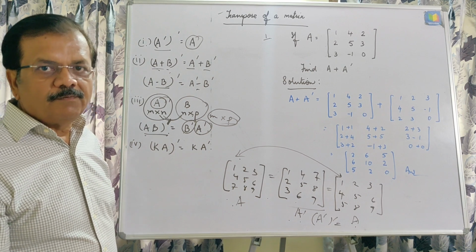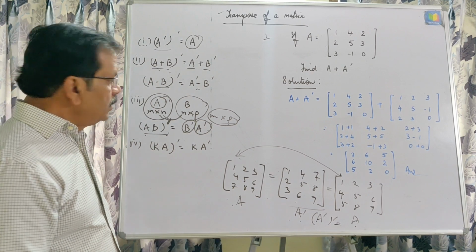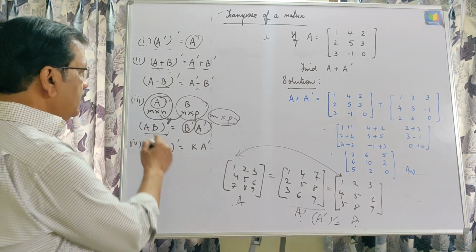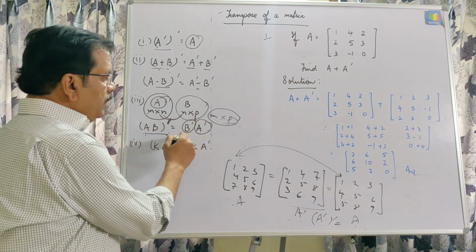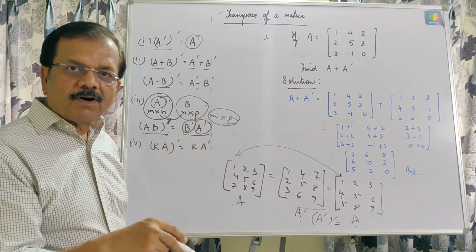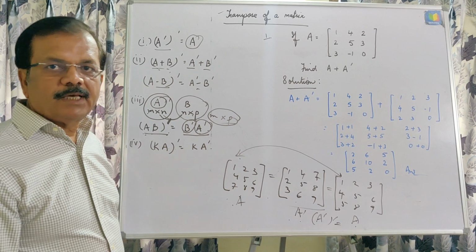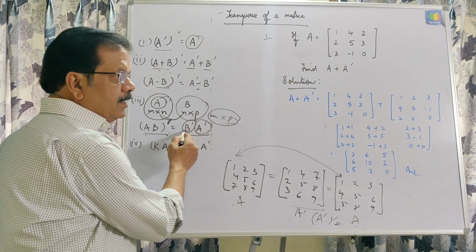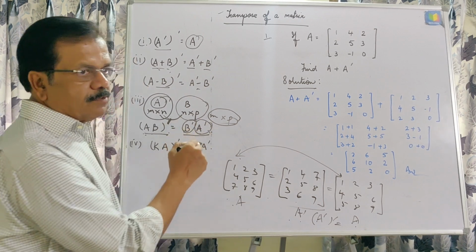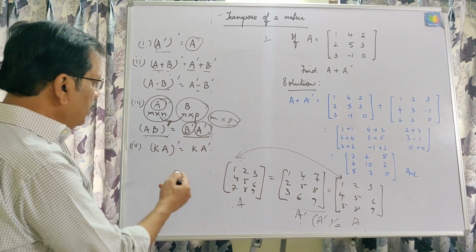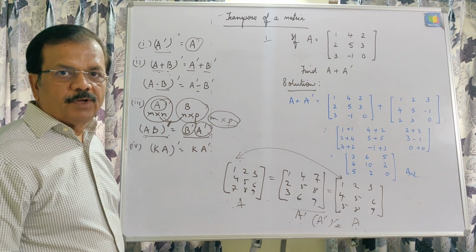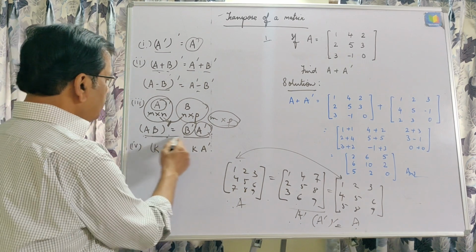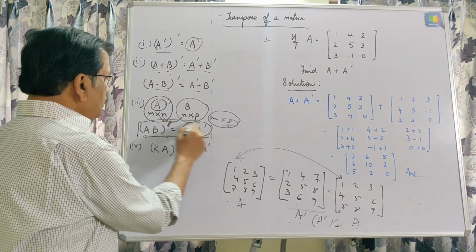Because we are concerned about the order of the matrix, AB transpose will be written in reverse order, B transpose A transpose. You can take any example and we will study these properties during questions. We will see how we are able to show this.